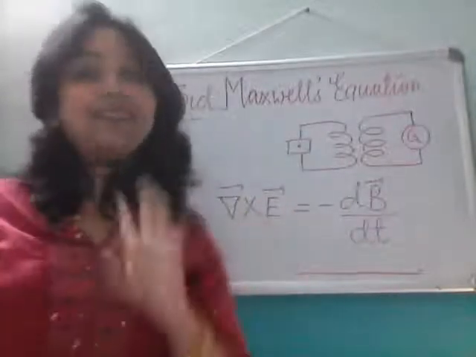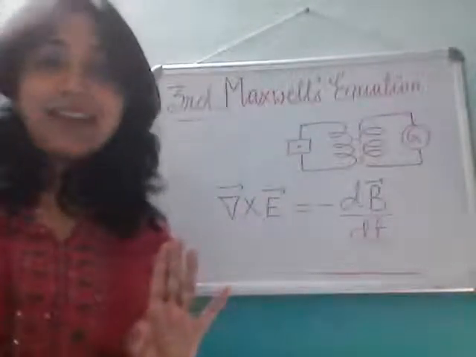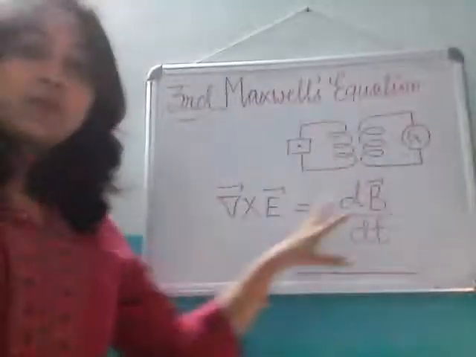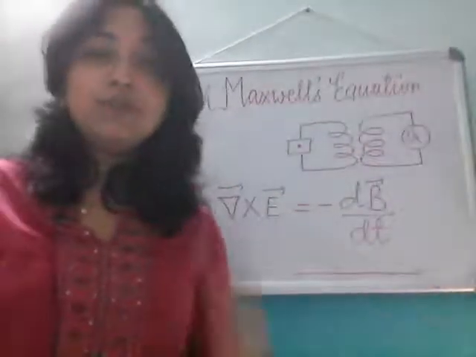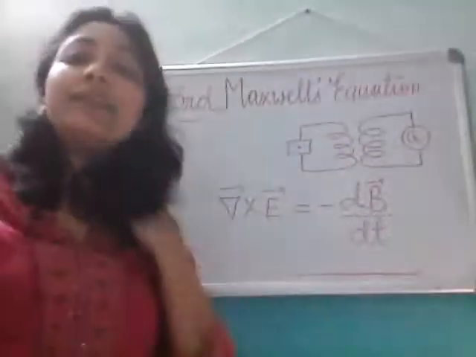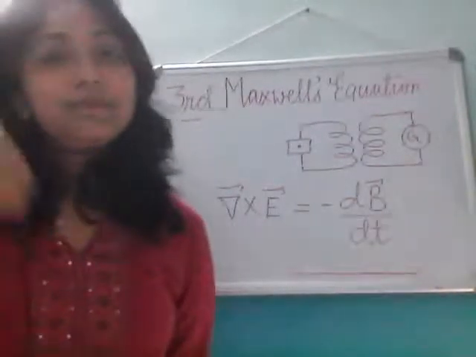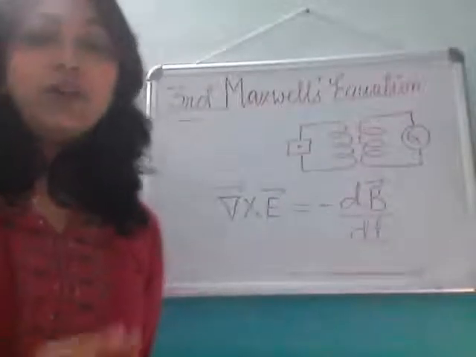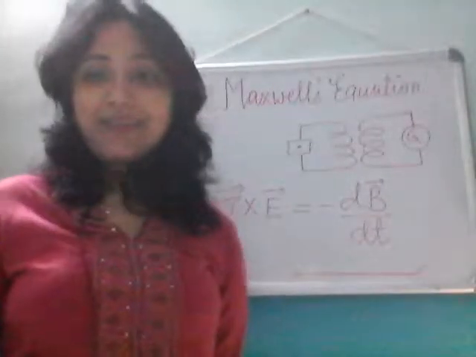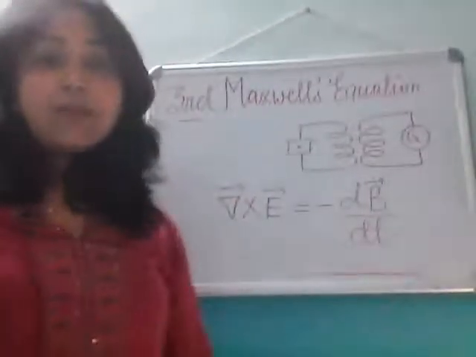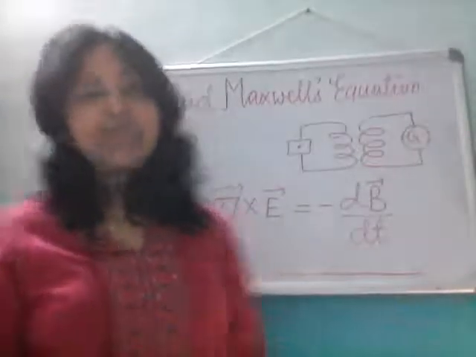Curl of E, third equation. Alright, so if we have understood this part, we are now ready to go into our final Maxwell's equation, and we are about to completely know all the Maxwell's equations. Fine. So now let us jump into our fourth Maxwell's equation.